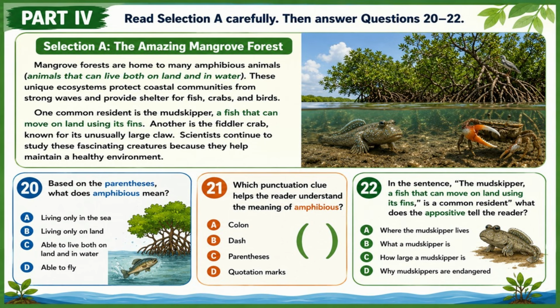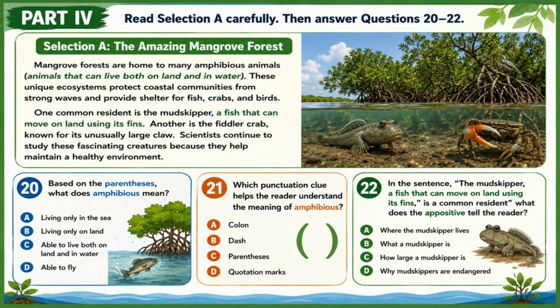One common resident is the mud skipper, a fish that can move on land using its fins. Another is the fiddler crab, known for its unusually large claw. Scientists continue to study these fascinating creatures because they help maintain a healthy environment.